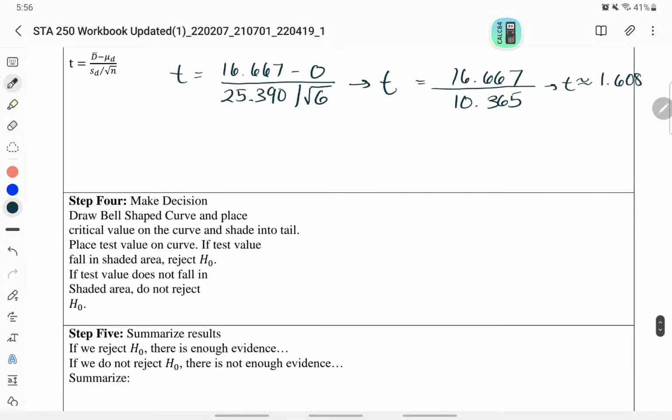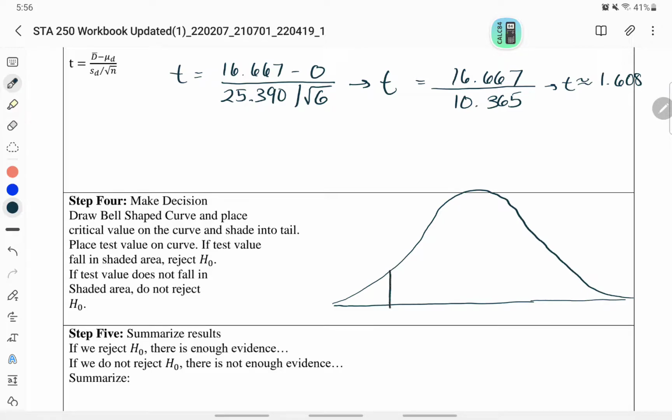Step number 4 is to make the decision. So we're going to draw the bell-shaped curve to the best of our abilities, of course, and place the critical values on the bell-shaped curve. So on the left side, the critical value is going to be negative 2.015. And on the right side, that's going to be positive 2.015.